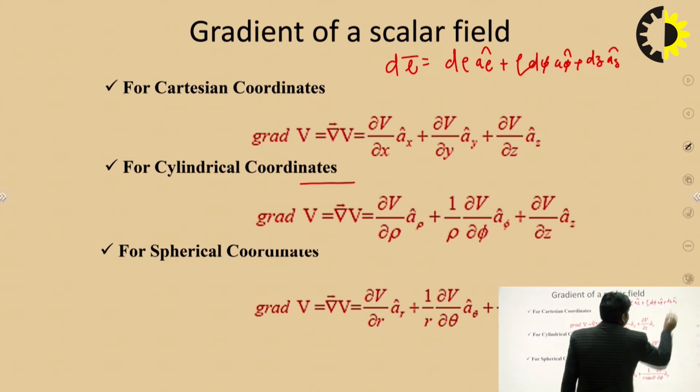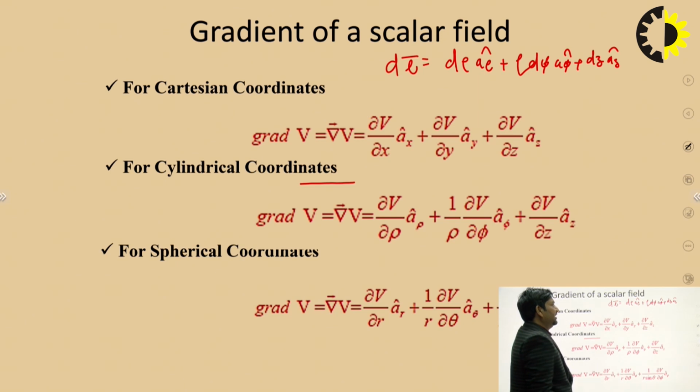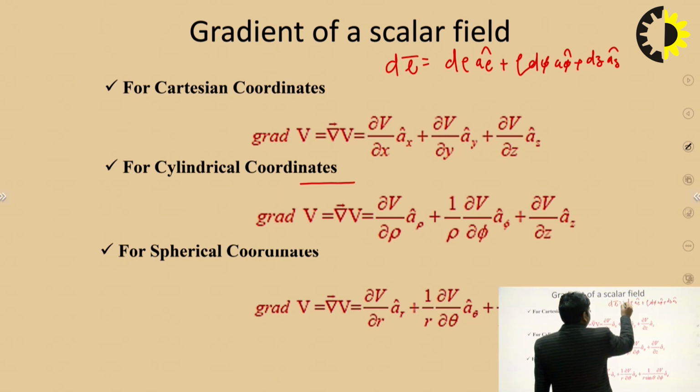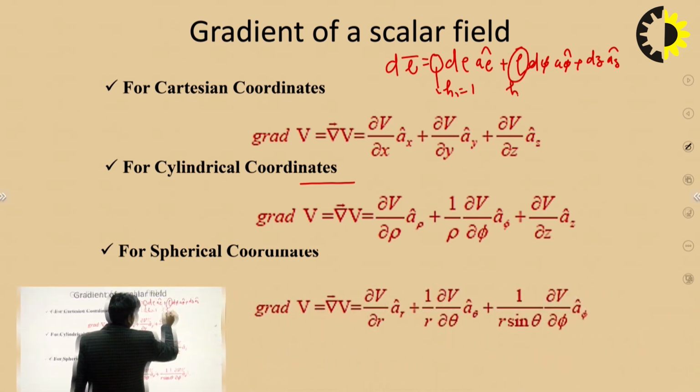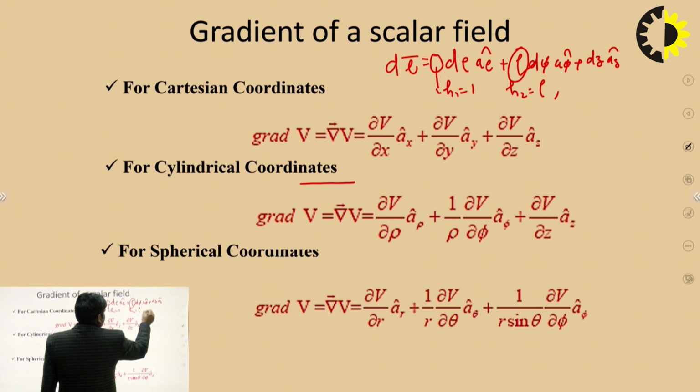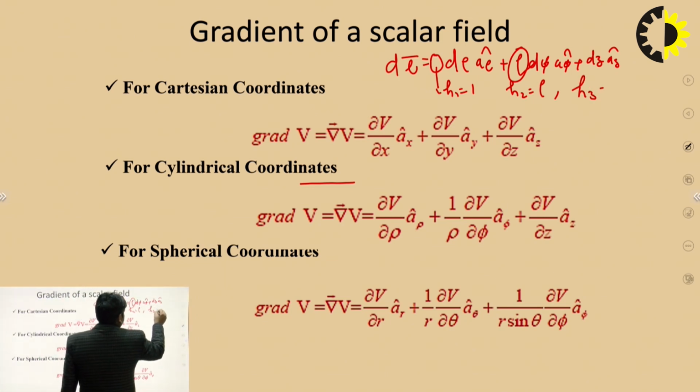The multiplying factor h1 in the rho direction is 1. In the a phi direction the multiplying factor is rho, and in the az direction the multiplying factor is 1.